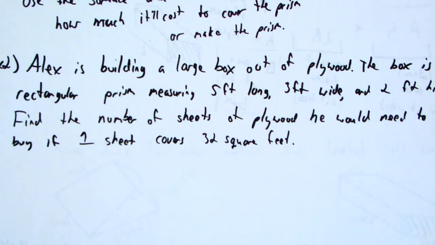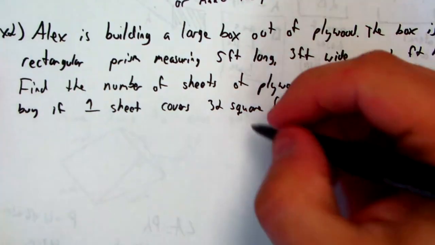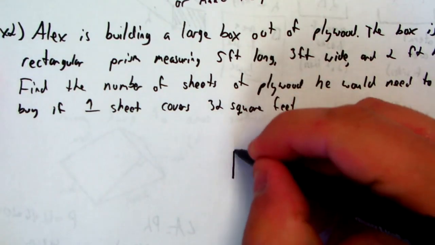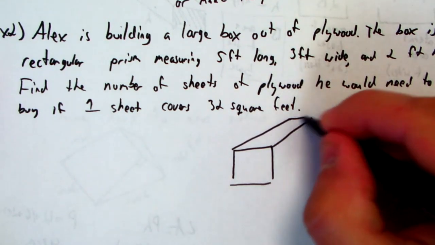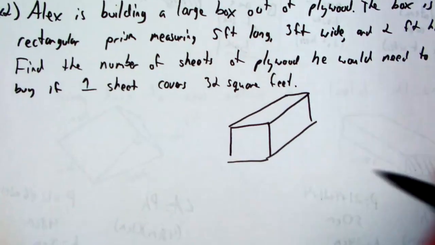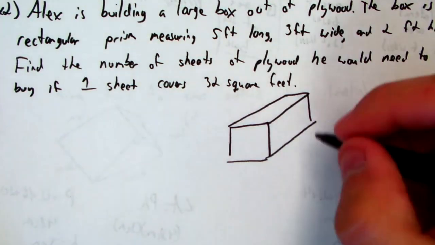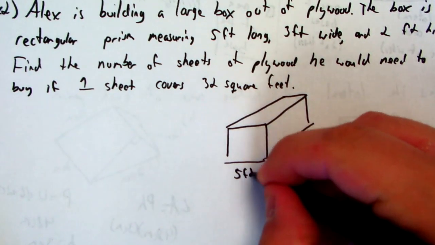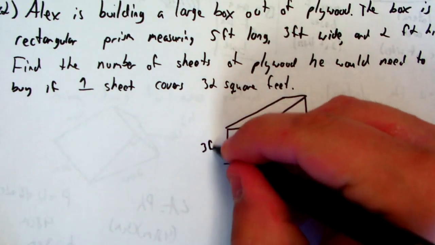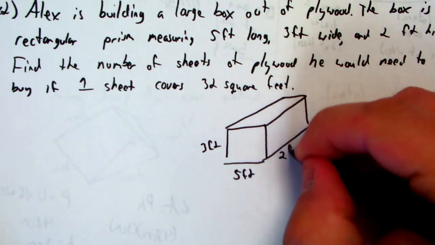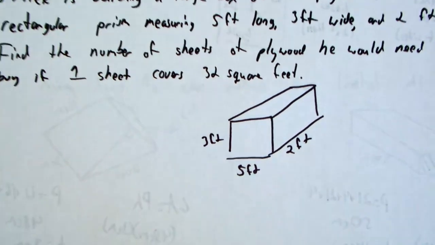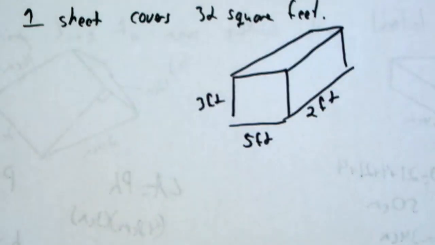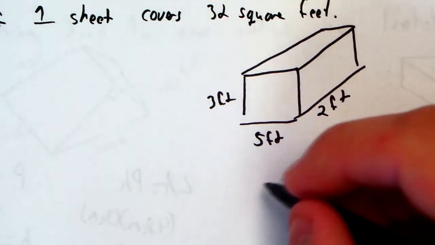So first thing we have to do is find the surface area. So if I have a rectangular prism, crudely drawn, but that's okay, 5 feet long, so that'd be 5 feet, 3 feet wide, so that'd be 3 feet, and 2 feet high, so this would be 2 feet. Again, those dimensions don't necessarily matter because it's a rectangular prism. So, lateral area then.